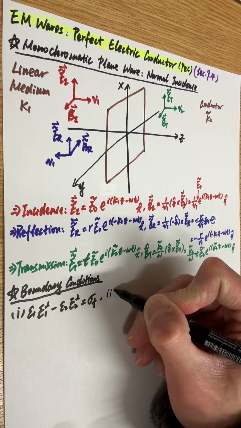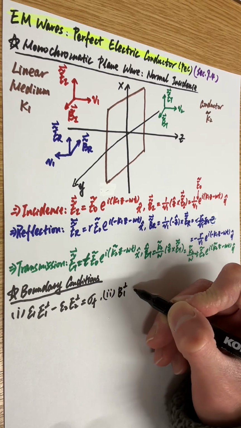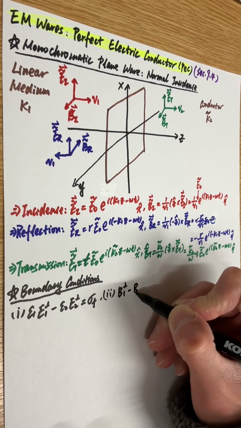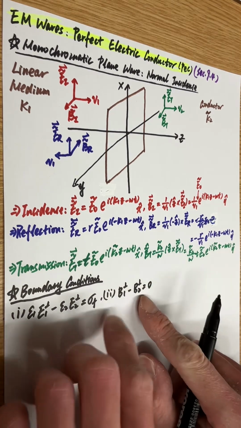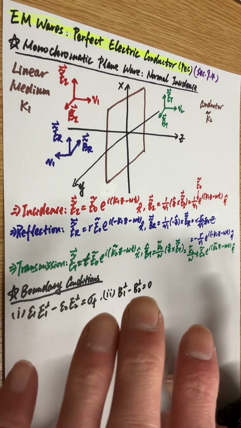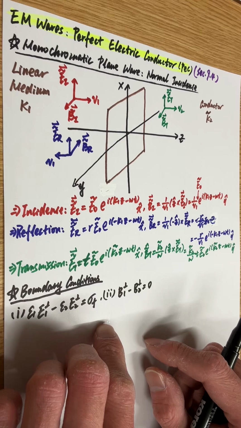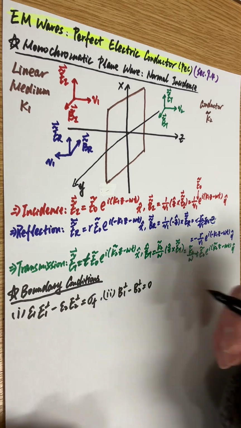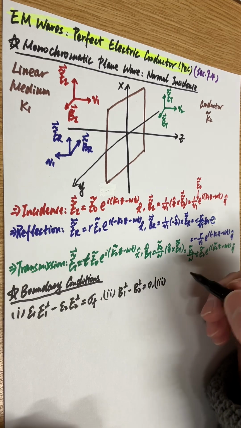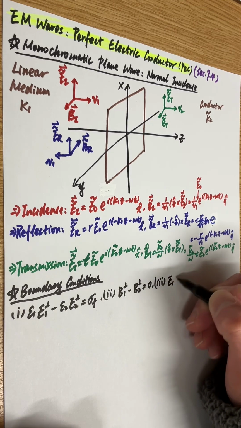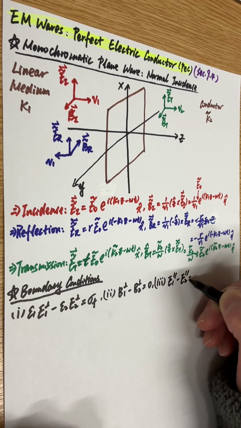And then secondly, we have B1 normal component minus B2 normal component equal to 0. So there is B1, B2, they are on both sides. They don't share any magnetic charge. There is no magnetic charge to share. And then third, we have E1 parallel component minus E2 parallel component equal to 0.